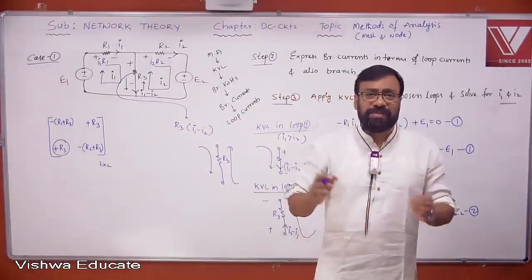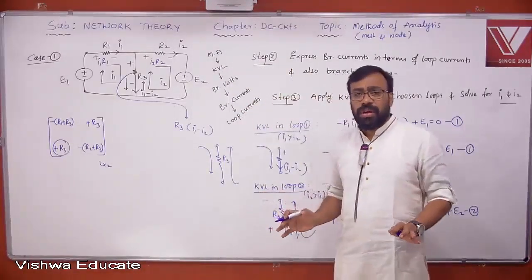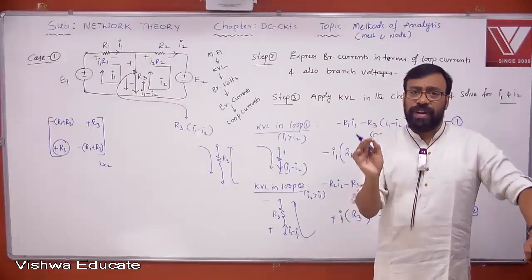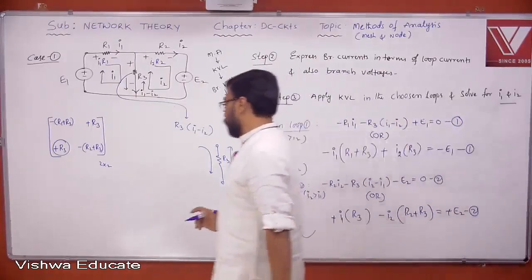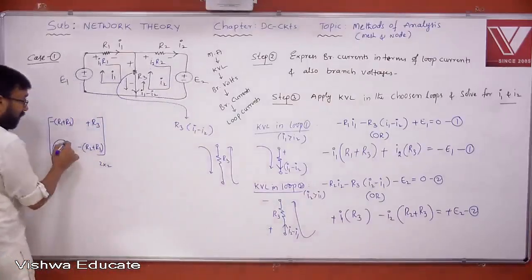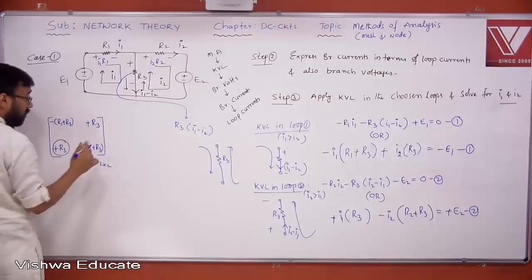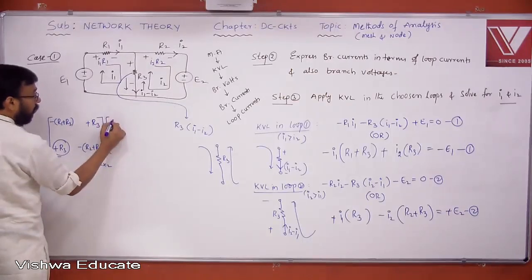Remember, in node analysis, mesh analysis, wherever you go, when you write the equations, that matrix will satisfy off-diagonal symmetry. Therefore, for this element, there is no need to look at the network. You can directly copy and paste it.